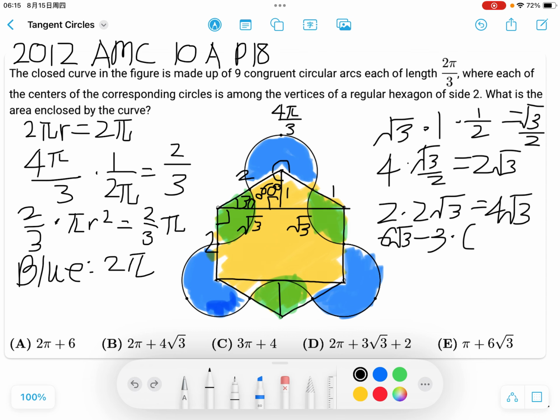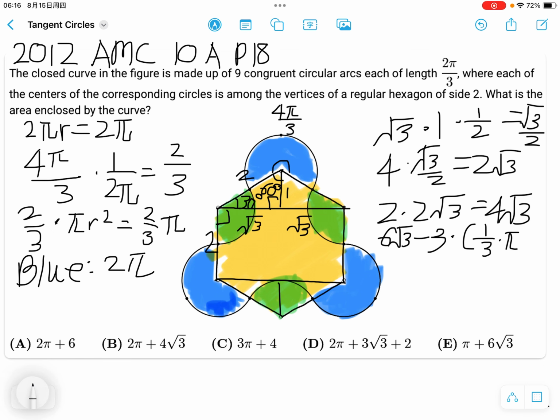This means that this angle here is 120 degrees. We also know this because this is the interior angle of a regular hexagon. So that is 1/3 of the area of an actual circle of radius 1. So 1/3 pi r squared, or 1/3 pi 1 squared, so just 1/3 pi.